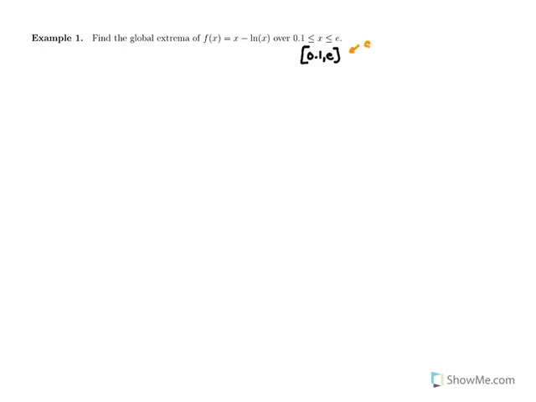And this is closed and bounded, which is good. However, we need to think about, is this continuous? And this is not continuous at x equals 0 because of the natural log.